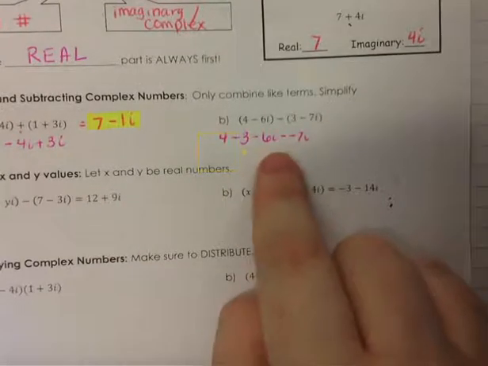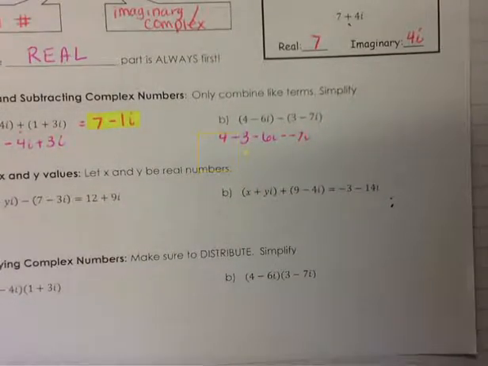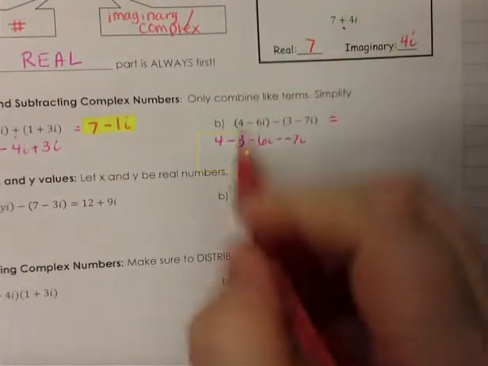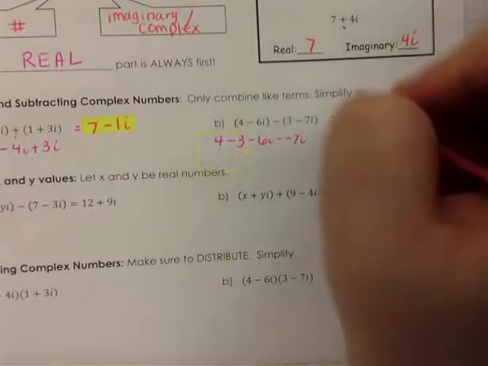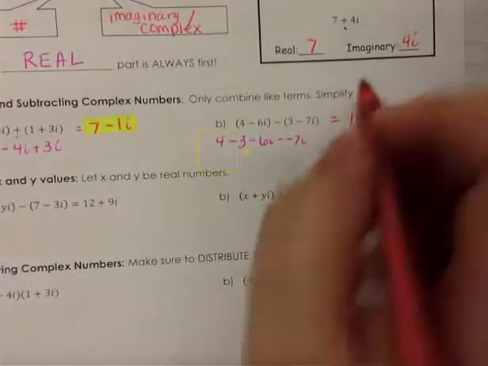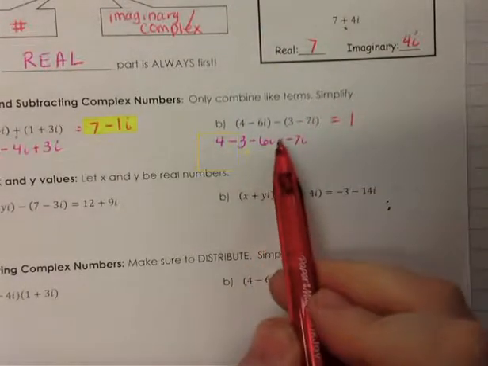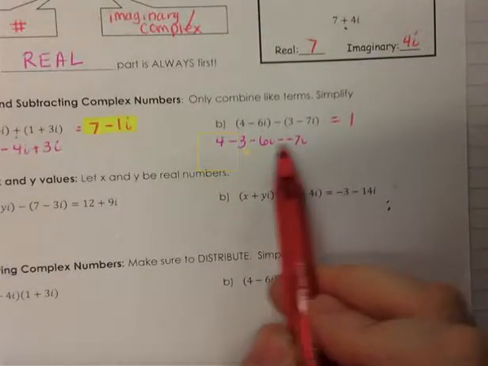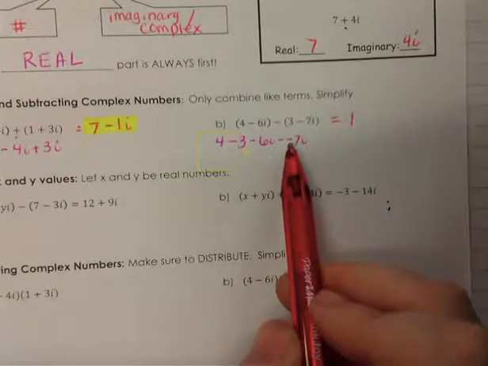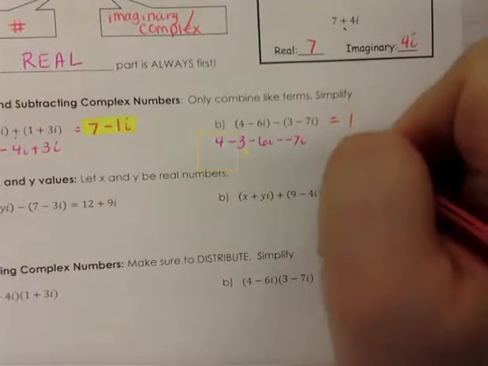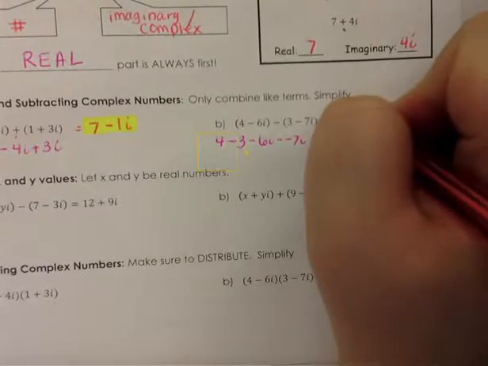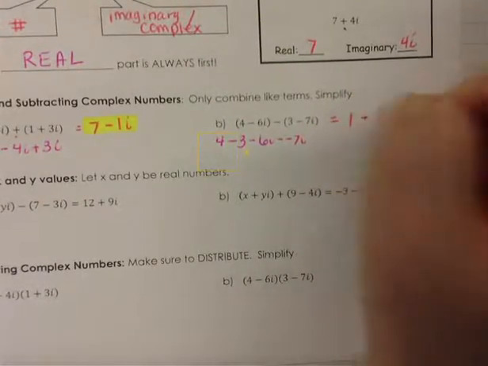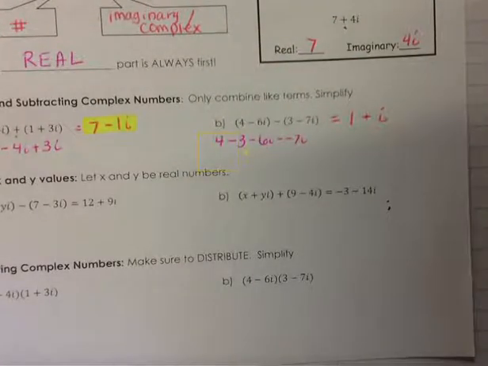So when we do that, we want to make sure we simplify that correctly. So we have 4 minus 3 is 1. That's our real part. And then we have -6i minus a -7i. So that's really -6i plus 7i. That becomes a positive i, so it's just plus 1i, which could be written as i. So 1 plus i. That's our final answer.